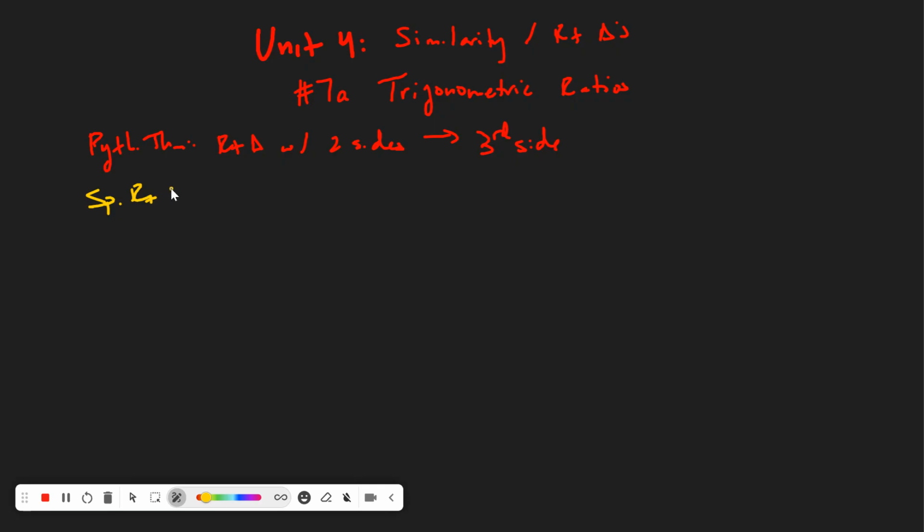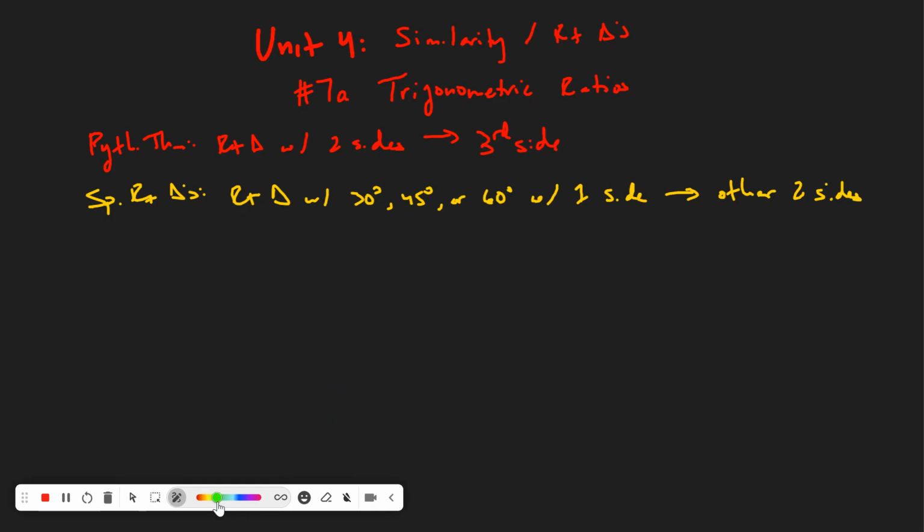These are right triangles with either a 30, 45, or 60-degree angle given, and one side. We can use that information to find the other two sides.